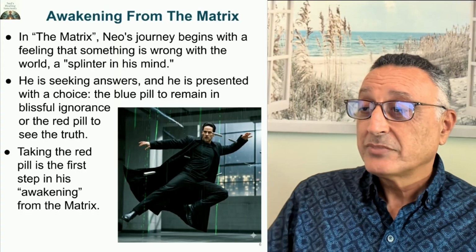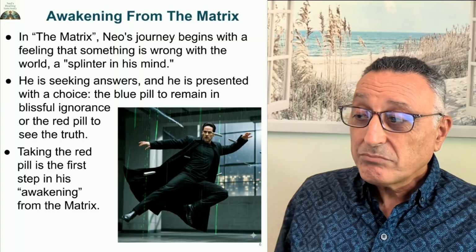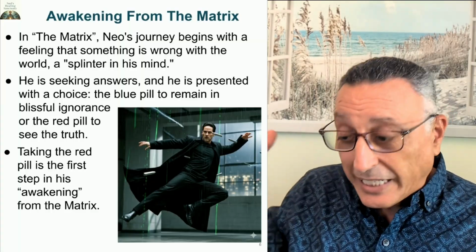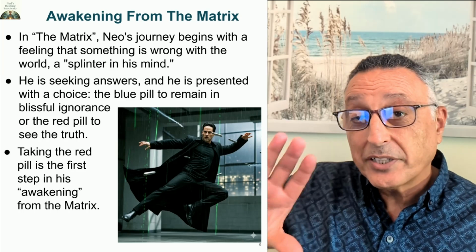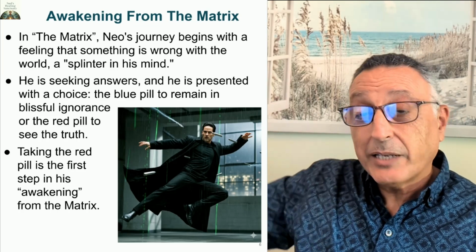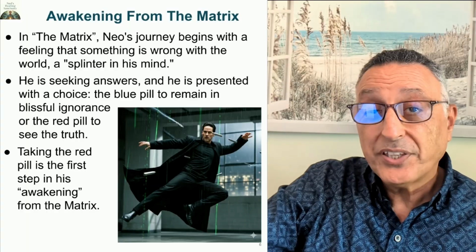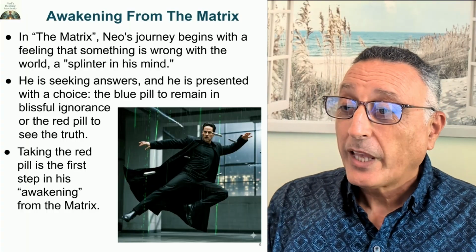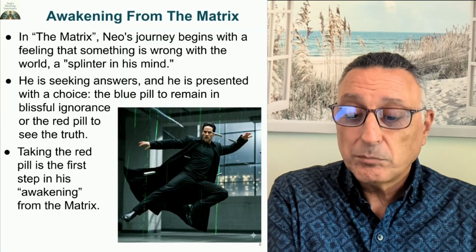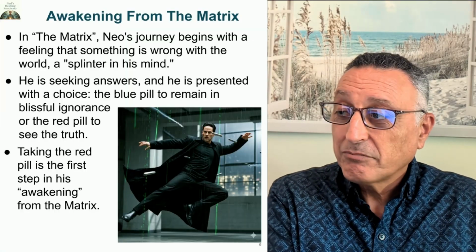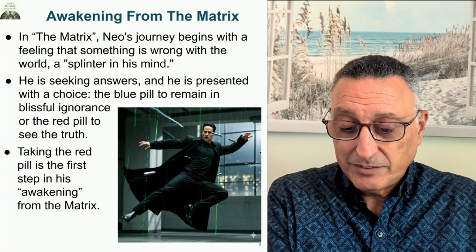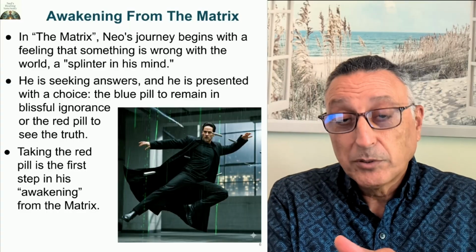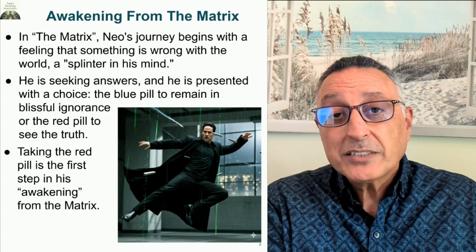So his spirit guide entered the matrix. His spirit guide had already left, awakened, but he came back temporarily, met with him, and offered him a choice. And so he is presented with two pills, a blue pill and a red pill. And Morpheus told Neo, the blue pill will just let you go back to sleep.